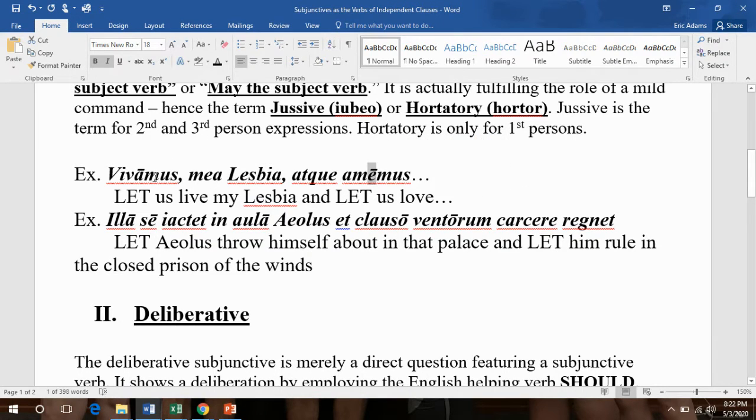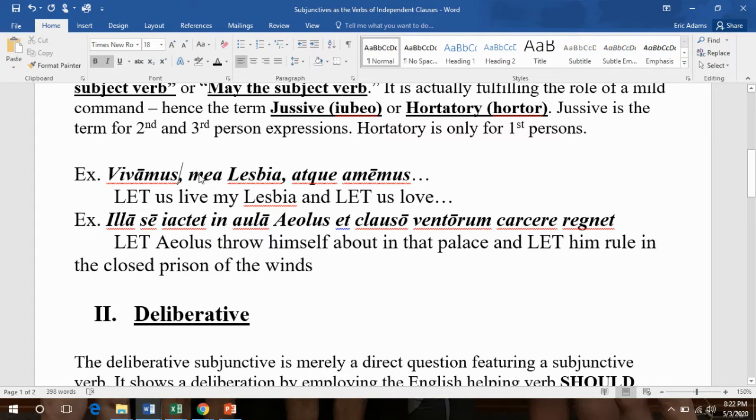So instead of saying we live, my Lesbia, remember that Lesbia refers to Clodia, and he calls her that because he is quite the fan of Sappho from the island of Lesbos, and so she is indeed a lesbian. Writing, of course, love poetry to a small group of women on that same island, which is where we get the modern term from. But instead of we live and we love, it is let us live and let us love. Let the subject verb and let the subject verb, because we have an independent clause.